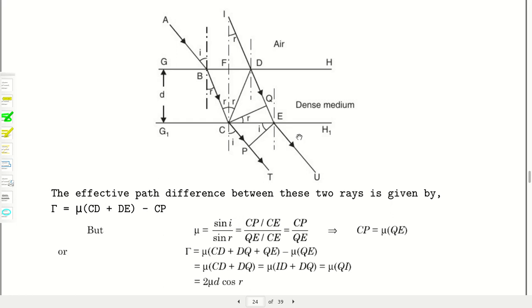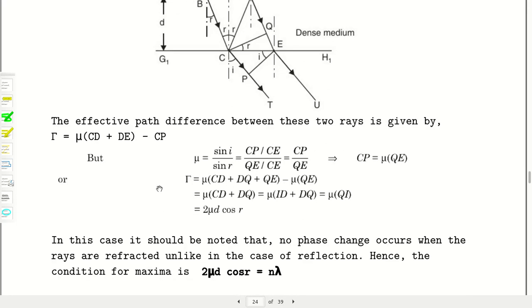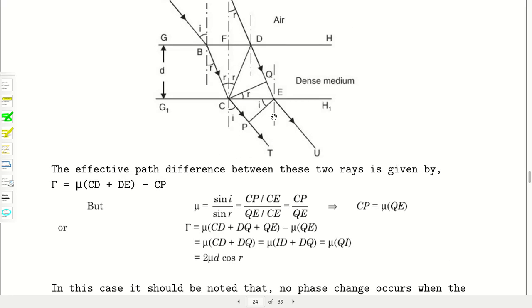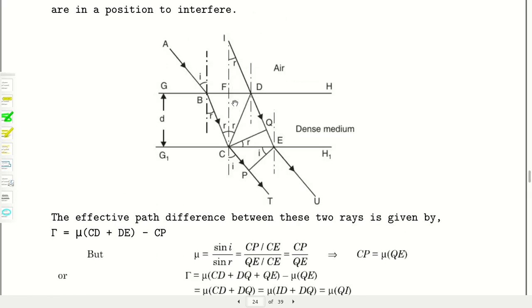is somewhat longer, but very much doable and easy to understand if you understand trigonometry. Then you can reduce the path difference. One thing you should remember here: the path difference formula becomes similar again, 2 mu d cos r, but there is no extra phase difference at any point, because you are focusing on the interfering waves which are transmitted. We are forgetting about the reflected waves.